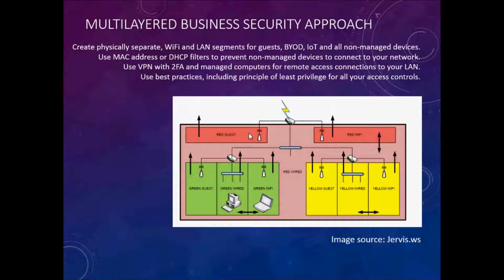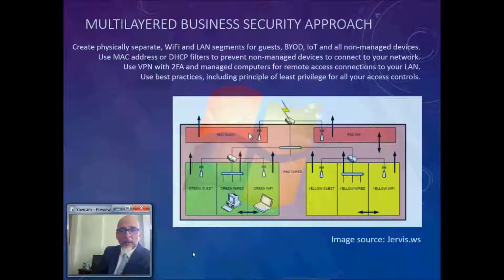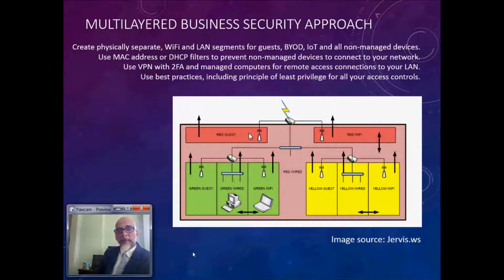So again, security is a multi-layered approach. One of the other good things that you could do to secure your network is to create trusted and untrusted zones. Secure zones, unsecure zones. As you can see in this image, okay, we have a secure zone here in green where we have Wi-Fi access as well as cabled access, okay?